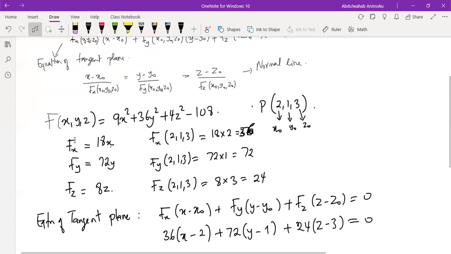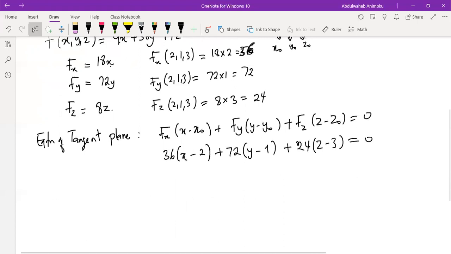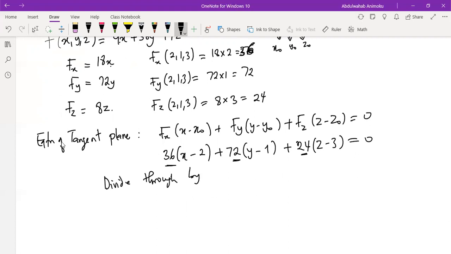Now we just need to expand and simplify. But we can just notice that 12 can go into 36, 72, and 24. So we divide all through by 12. That will simplify our work drastically. Or if you like, you can just expand everything out and then simplify and then figure out later on that 12 can go through all these numbers.